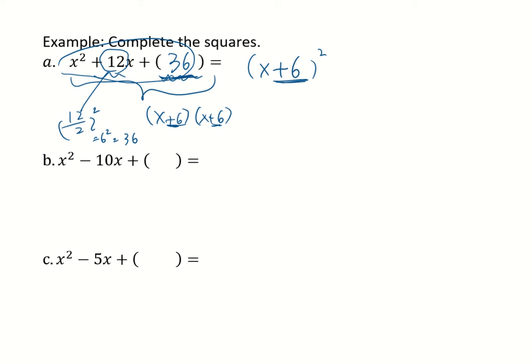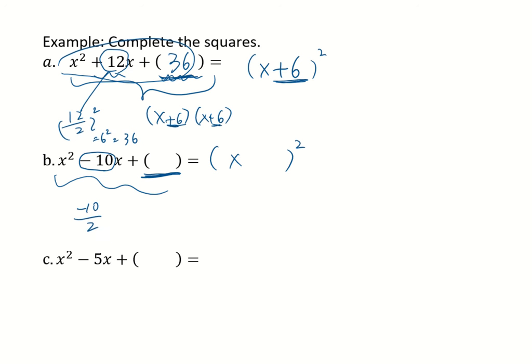To complete the square here, we need to add a number here so that these three terms become x something squared. The number we're going to add comes from this number, which is negative 10.